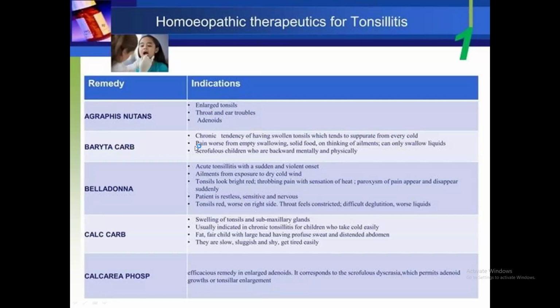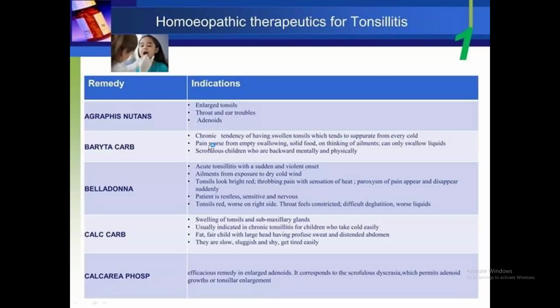Then the second and most important remedy is Baryta carb. When the child is very timid, shy, and there is a chronic tendency of swollen tonsils which tend to suppurate from every cold. When there is a severe attack of cold, the child repeatedly suffers from cold, coryza, and the same vicious cycle goes on and on.